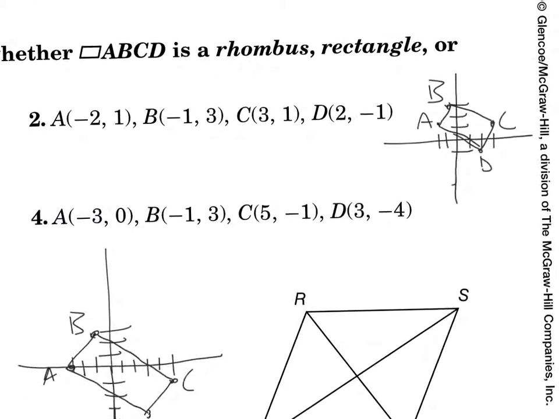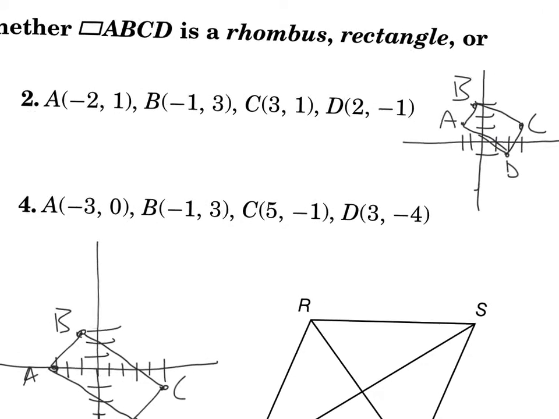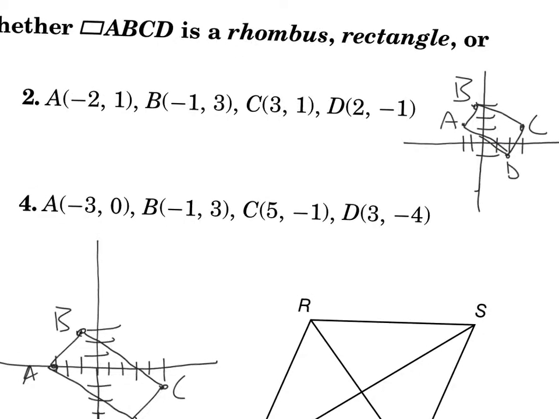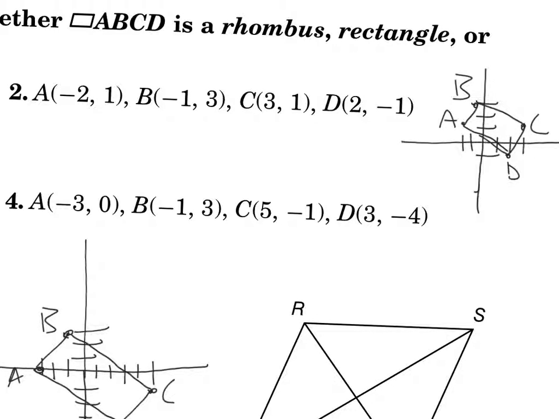And number 2, this one just looks like a rectangle. You look at this and you think rectangle once you have it plotted, and you have it plotted pretty well. So you could do the diagonal stuff, that's fine, or what you can do is actually find the lengths of the sides, just do the distance formula. For this one, I'm going to find the distance from A to B. The distance of A to B is going to be 1 plus 4, which is root 5.